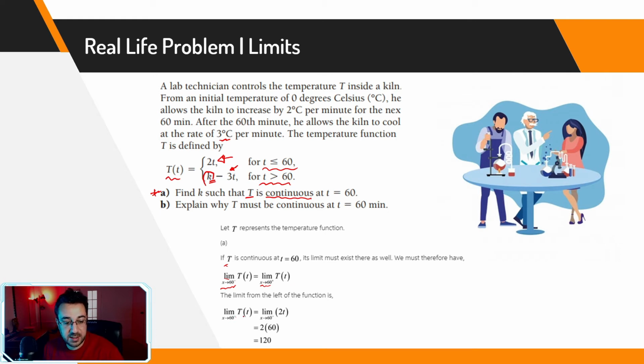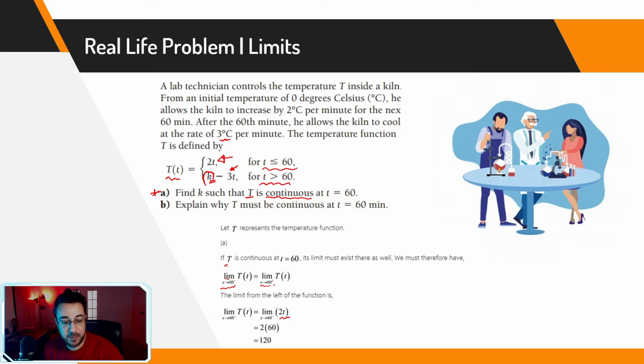So the limit of T(t) as t approaches 60 from the left, that means it is the limit of 2t that we see over here. So the limit of 2t as t approaches 60, plug in the 60 instead of the t, then you have 2 multiplied by 60, that equals 120. Okay, that's the left hand side of the limit. How about the right hand side?